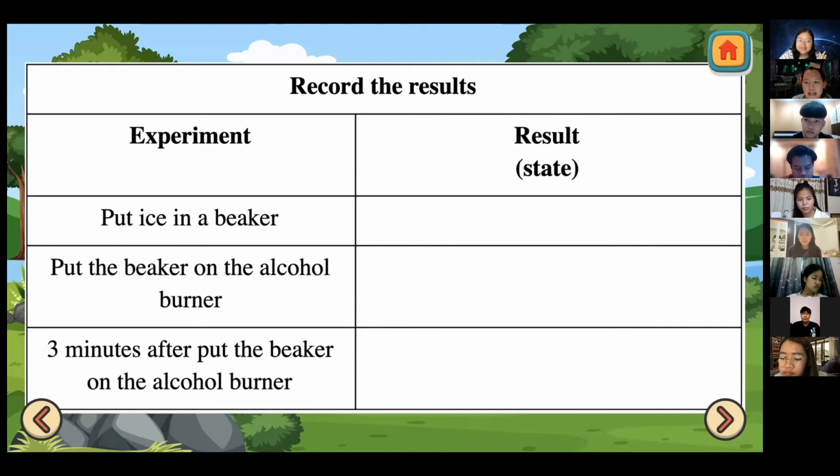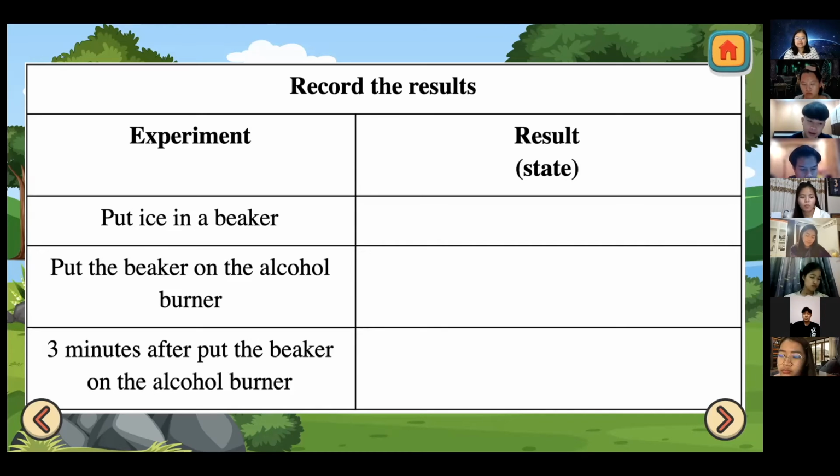Next, when I put the beaker that contains the ice cubes on the alcohol burner, what did you see? And the last one, after 3 minutes of putting the beaker on the alcohol burner, what did you see? You will take note of this. Okay? Give me your answer.